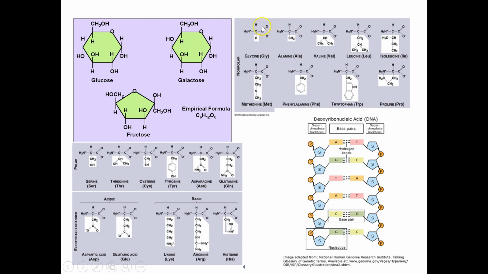And then the other side of the molecule is always the carboxyl group. So they bind with each other, amino group to carboxyl group, and they line up, right, when the ribosome puts them together. And what sticks out of the main central carbon is what's referred to as the R group, or what changes.